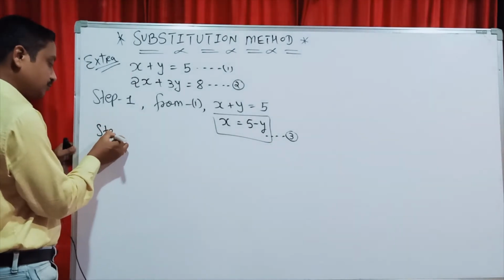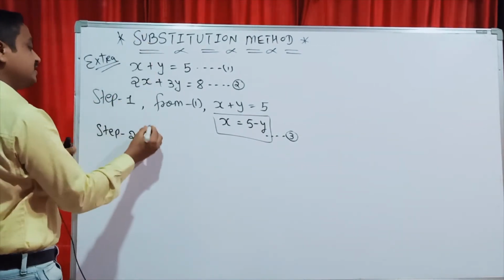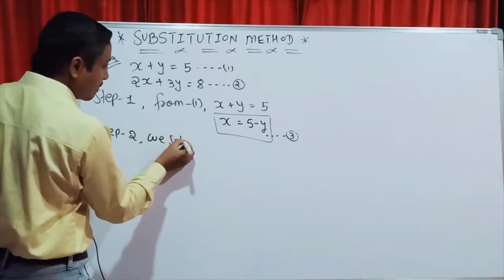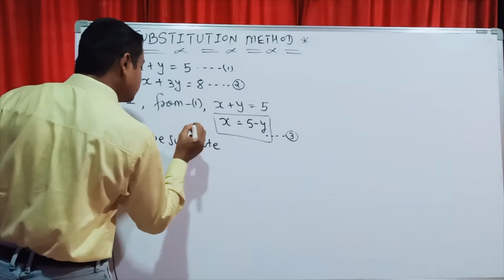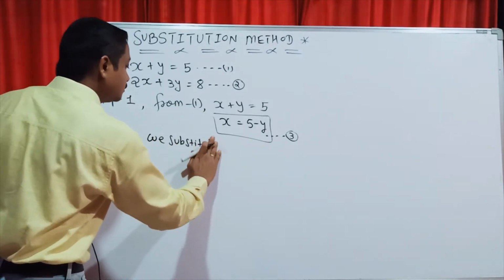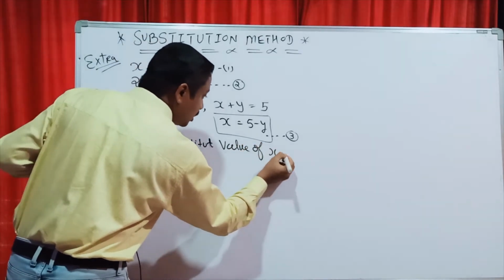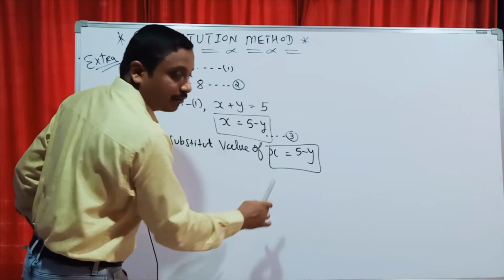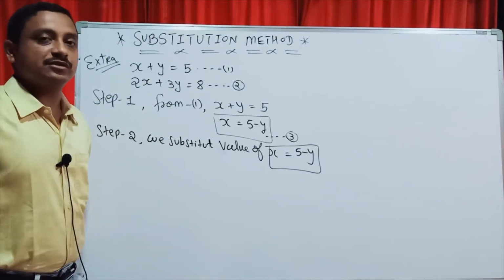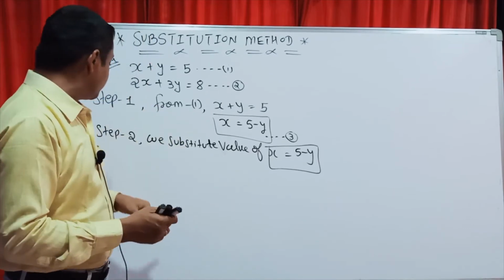Now step 2. Step 2 is the main step. We substitute the value of x is equal to 5 minus y. That value we apply to our equation 2.